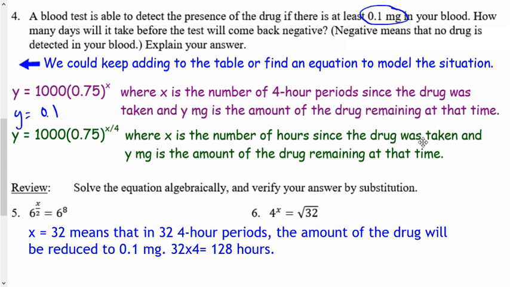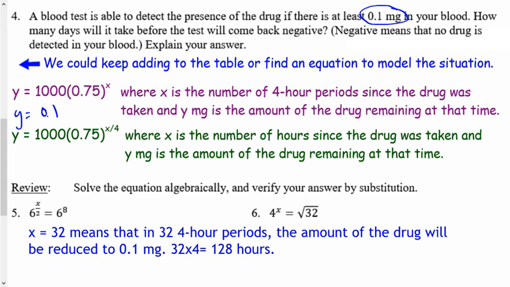In this form of an exponential equation, the 4 in the denominator of the exponent means how much time passes in order for this decay amount or growth rate, whichever we're looking at, to happen one time. So here, this 4 corresponds to the 4 hours, and we're saying that in 4 hours, this factor of removing 25% of the drug has happened one time.